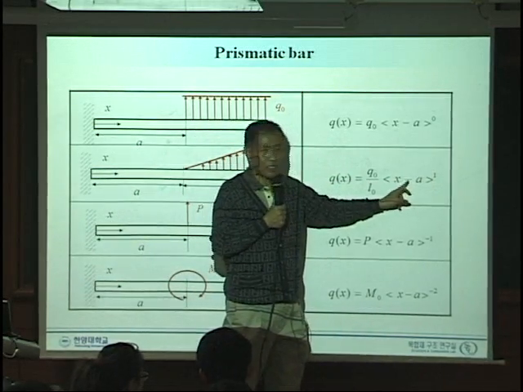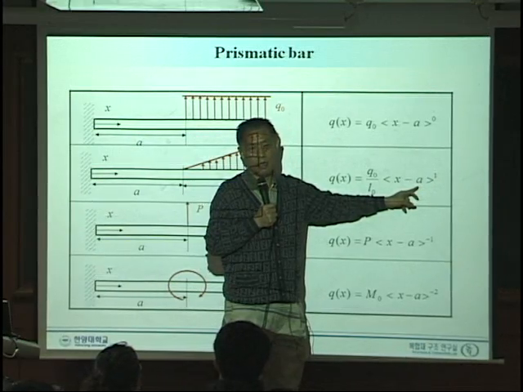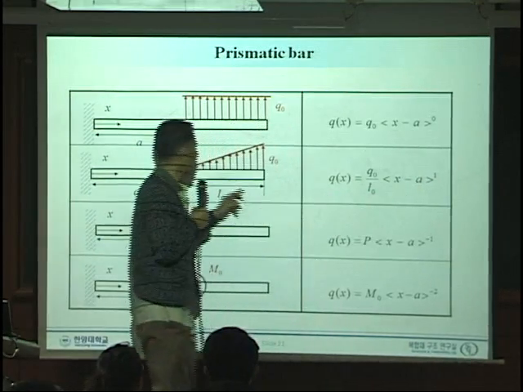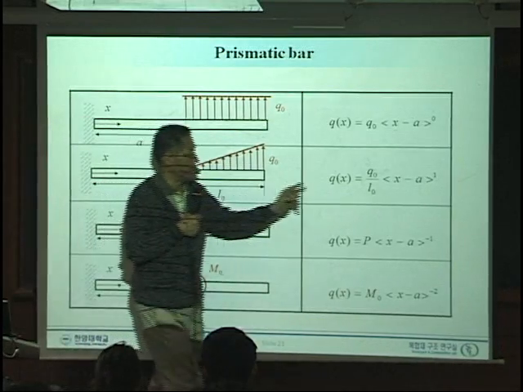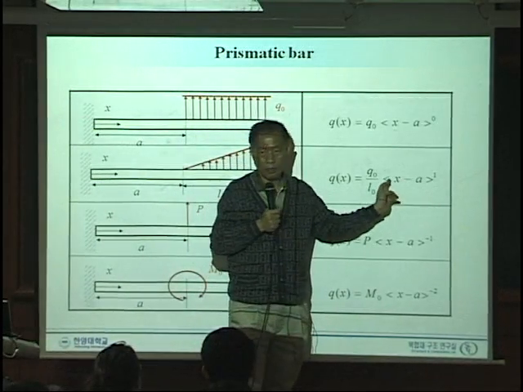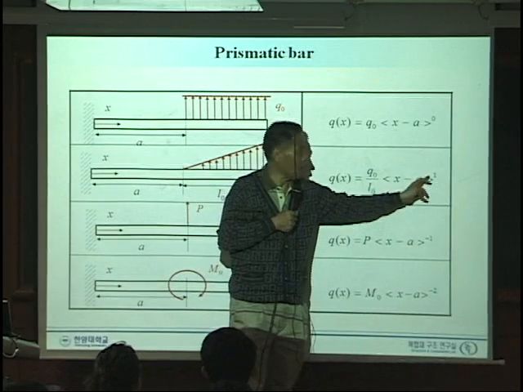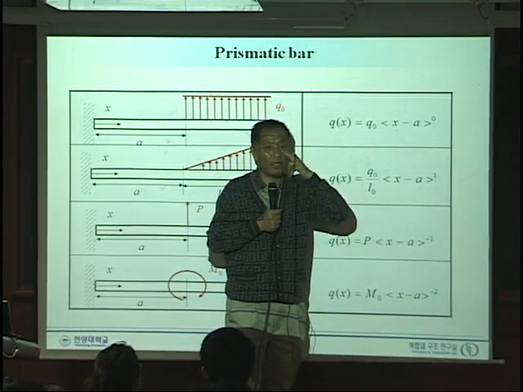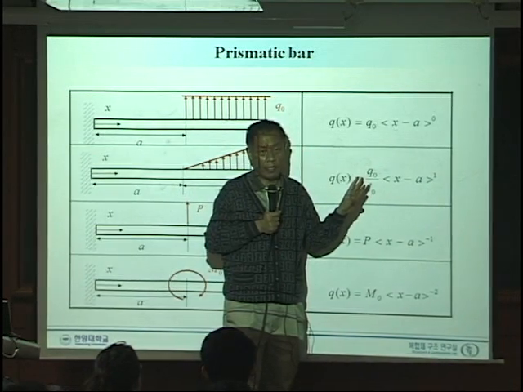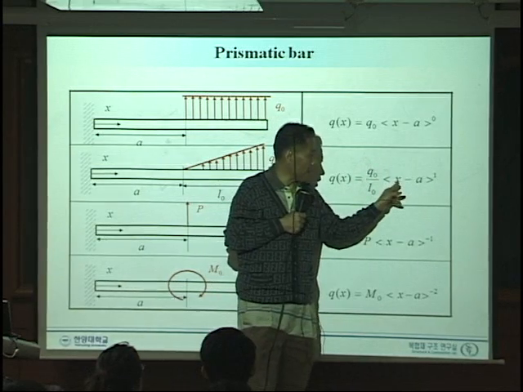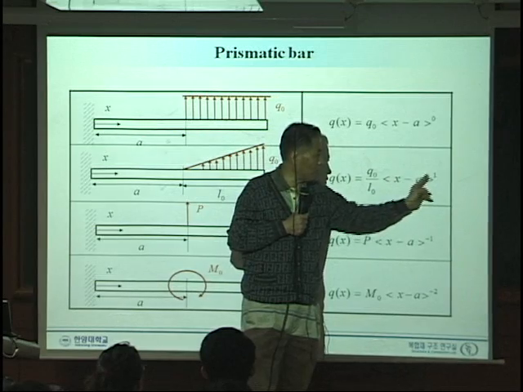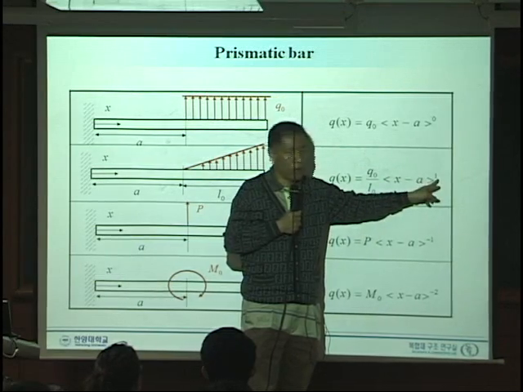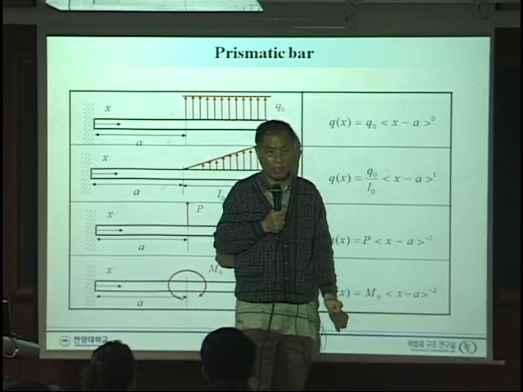Well, if x is less than a, then this will be 0. No matter what power we have, by definition, it will be 0. Now, what if x is greater than a? Then this will be just regular parenthesis, and the power will be 1, right?